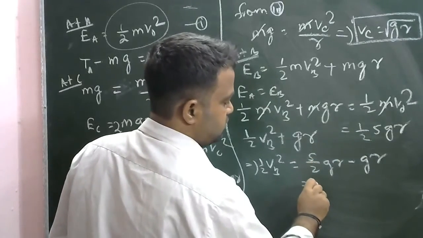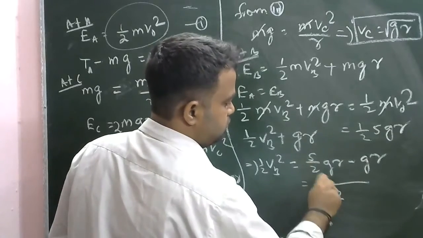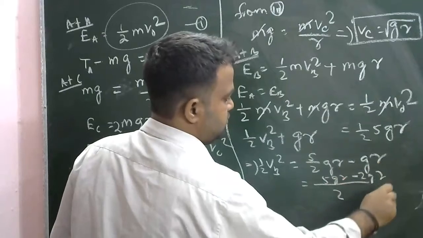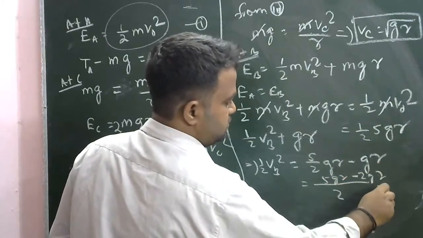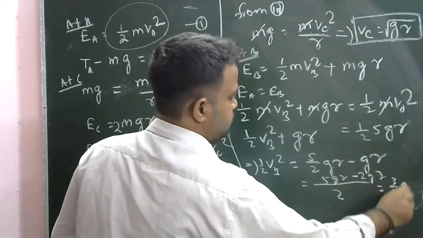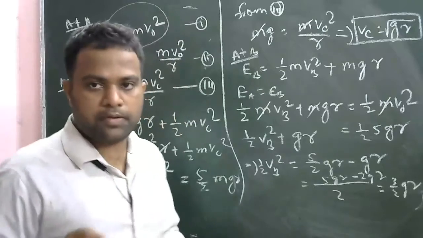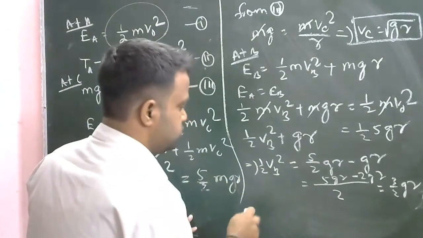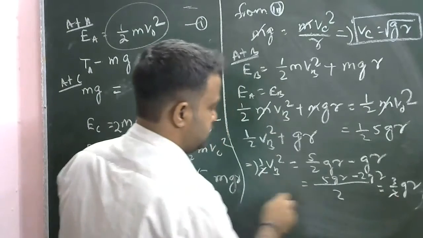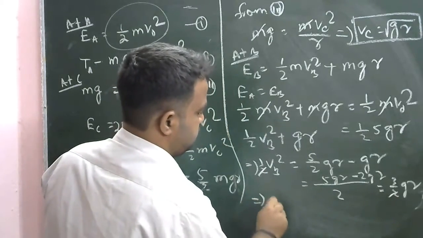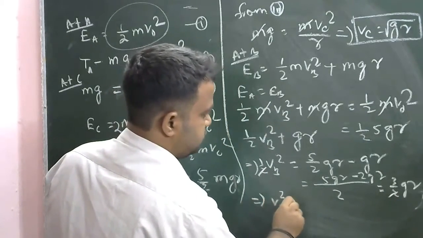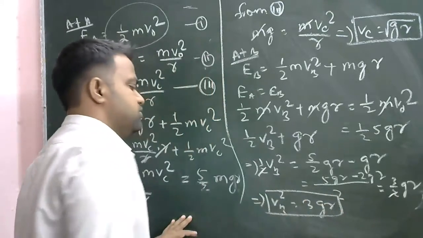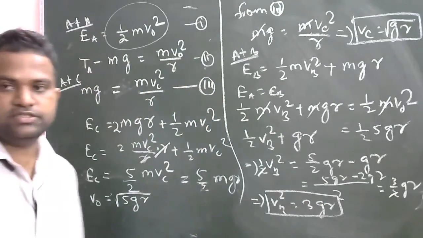This is 5GR minus 2GR over 2, so you can write this is 3/2 GR. 3/2 GR is half VB square, so half cancelled. VB square is 3GR, or VB is under root 3GR.